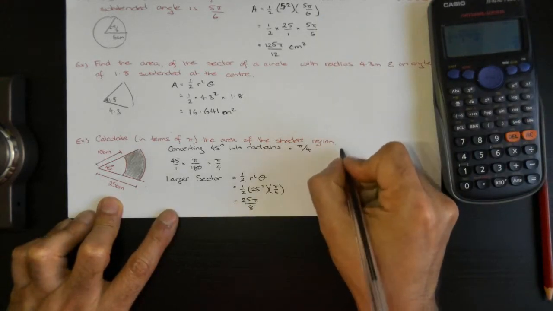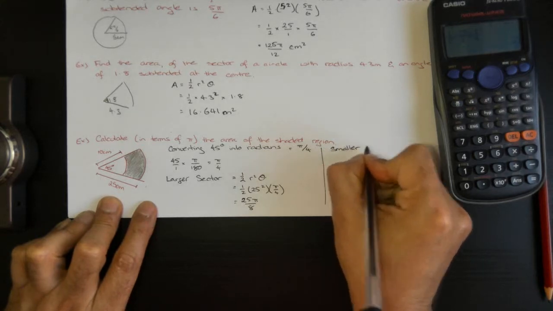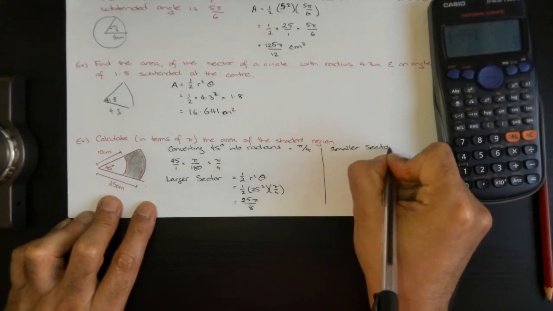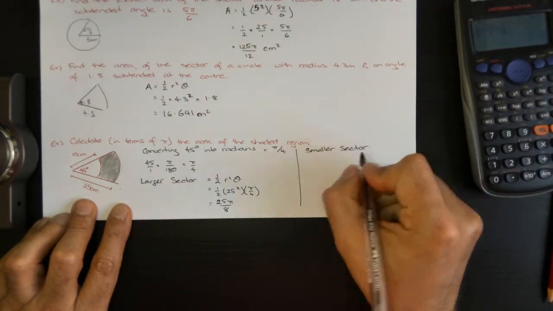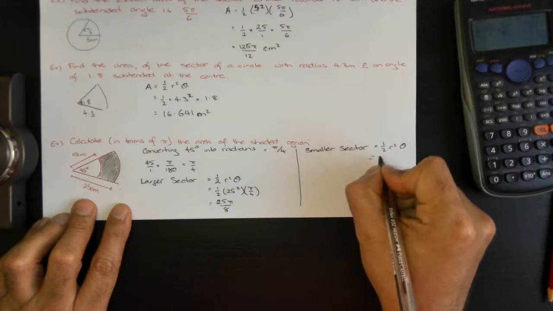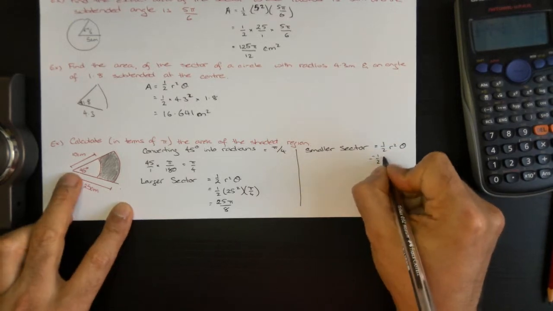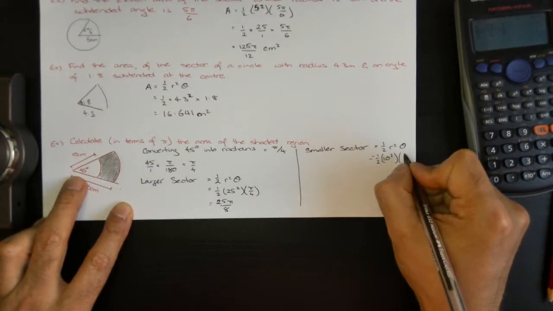And the smaller sector, using the same formula, now the radius is 10, still pi on 4.